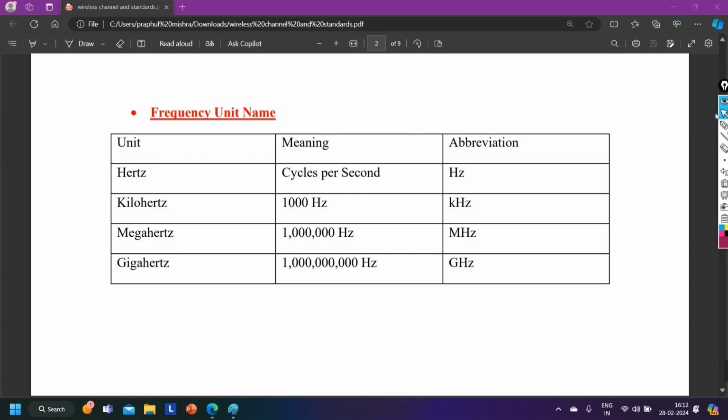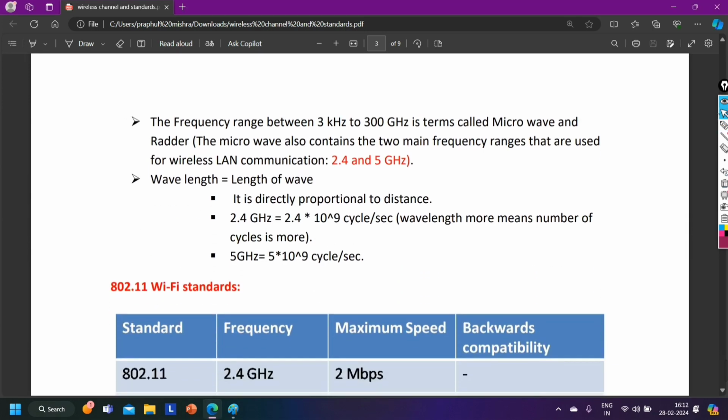Means you are converting it into hertz. So you can see here 2.4 gigahertz is equal to 2.4 multiplied by 10 raised to power 9 cycles per second. And 5 gigahertz means 5 multiplied by 10 raised to power 9 cycles per second. Okay.